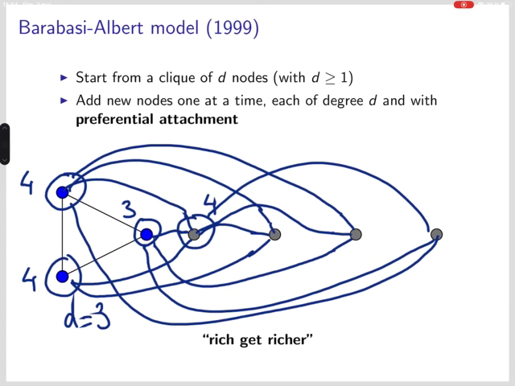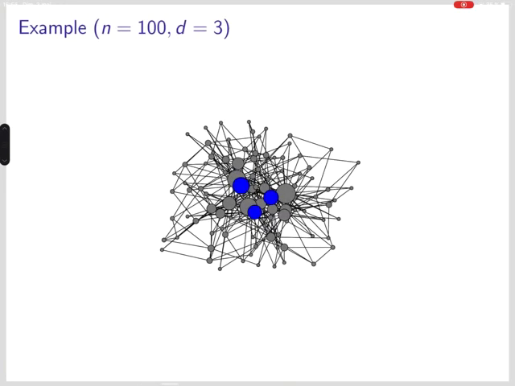So this is a very simple explanation of this phenomenon due to the dynamic nature of graphs, the way they are created in practice. This is a simple example of a generation of a power law graph by the Albert-Barabasi model with 100 nodes. The blue nodes here are the initial 3, the initial triangle, and you can see that the degree distribution is highly variable.